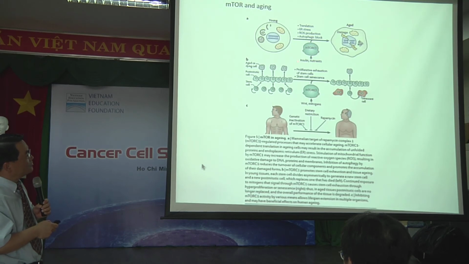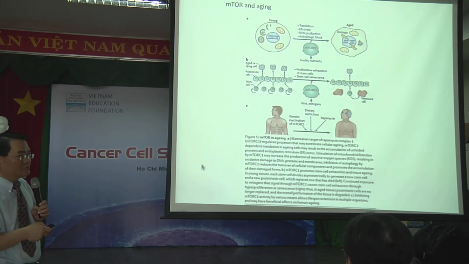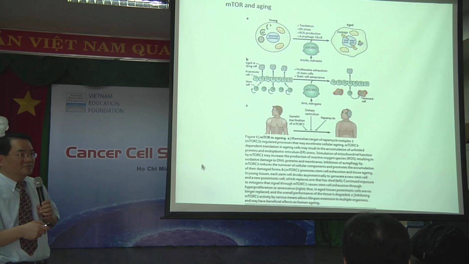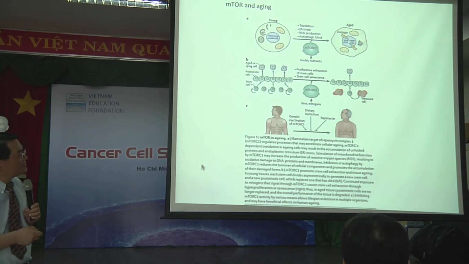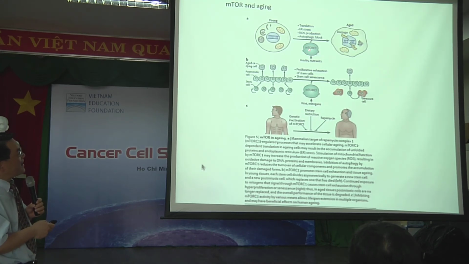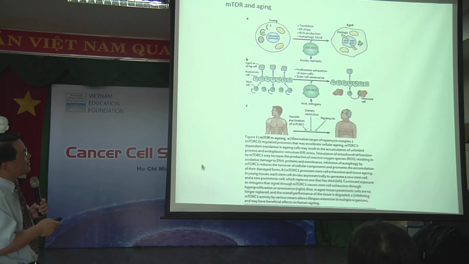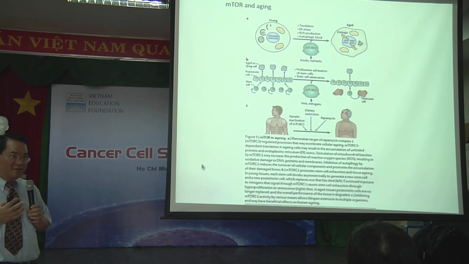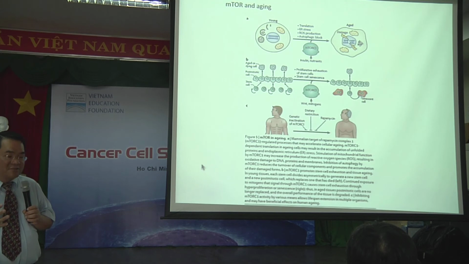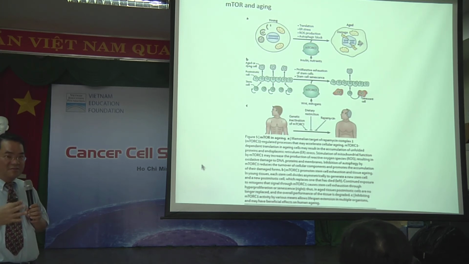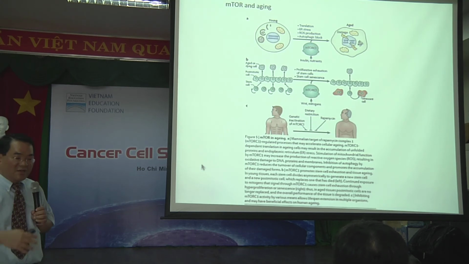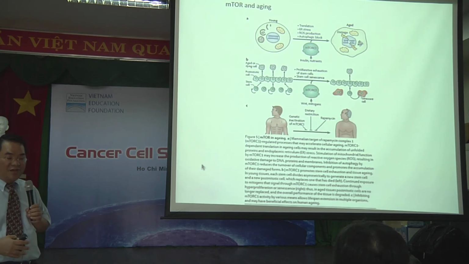mTORC1 is activated due to the insulin, or due to too much food, too much nutrition you get, and becomes so activated that it could block autophagy. Remember we talked about autophagy being due to the activation of certain autophagy complexes to do the job.